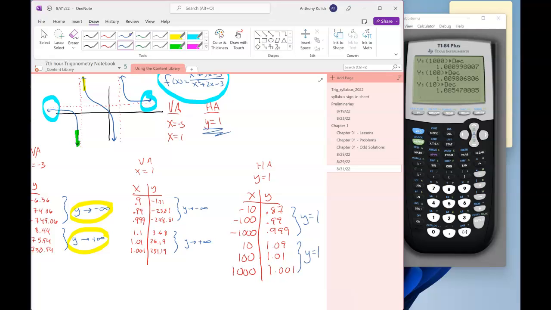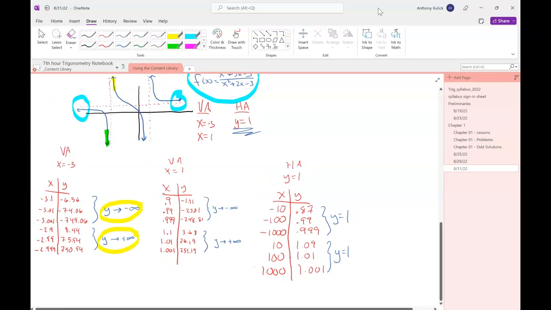And again, what do I notice that those are going down to? Looks like 1. What do you guys think?